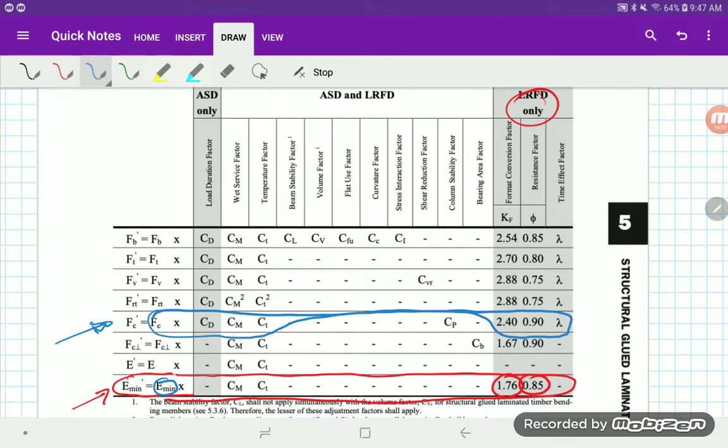ASD would only be CD times CM, C sub t. For ASD only, we have a CD factor. For LRFD, we have the gamma factor. So Cm, C sub t, Kf, phi, and lambda.